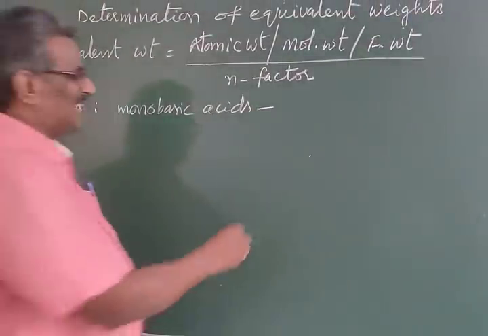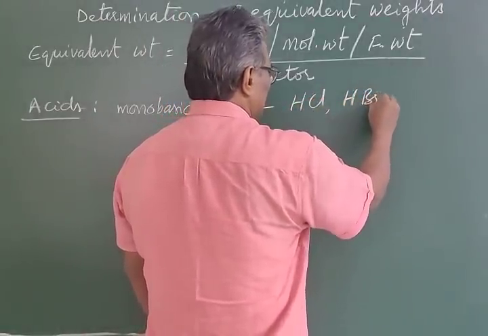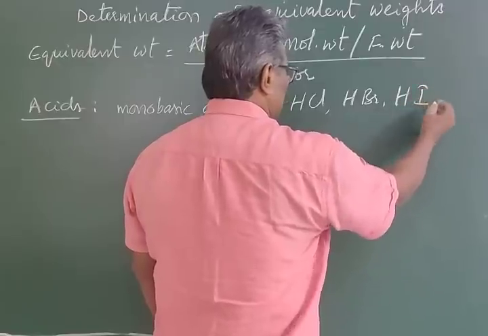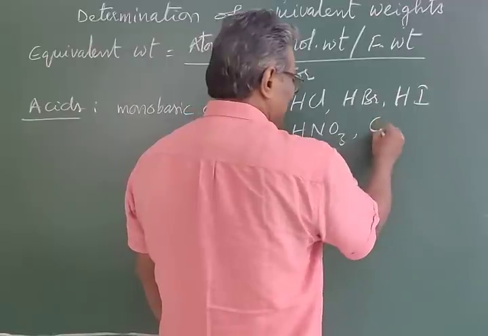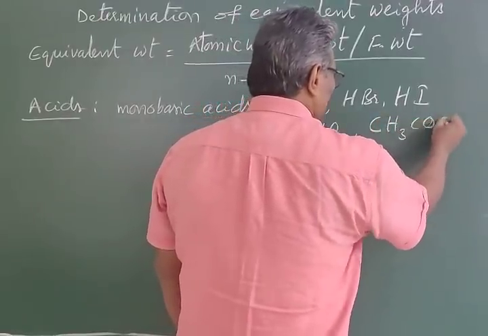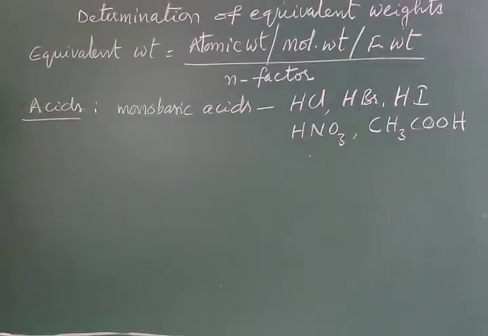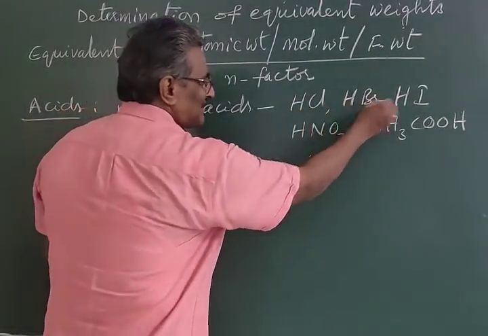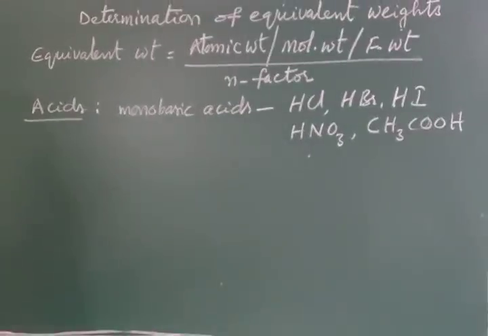The acids like HCl, HBr, HI, hydroiodic acid, HNO3, CH3COOH. These are all monobasic acids. These acids have only one replaceable hydrogen. The molecules of those acids when dissolved in water give only one H plus ion.